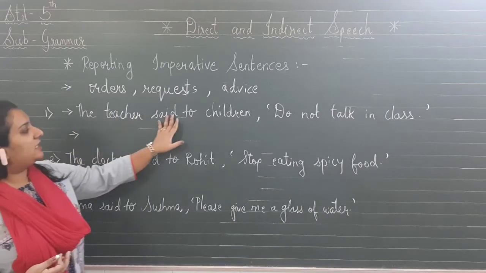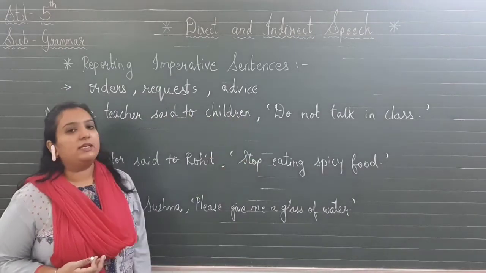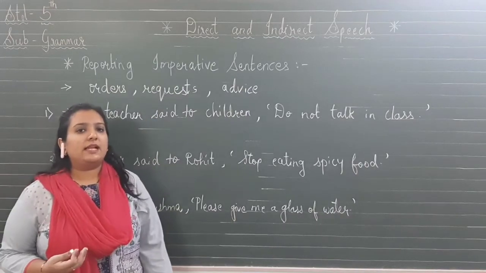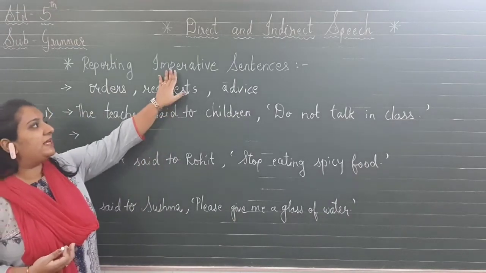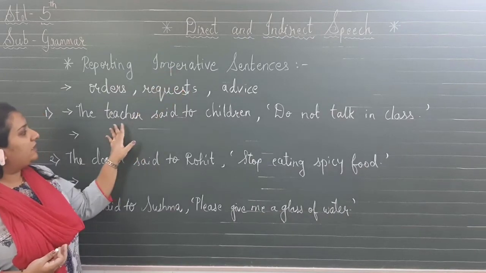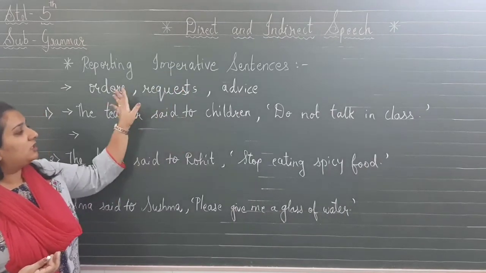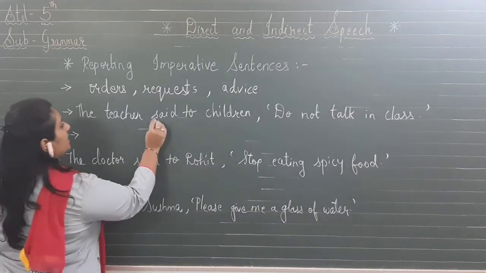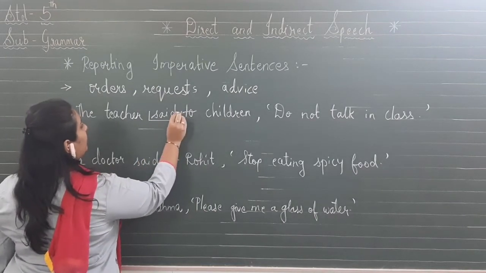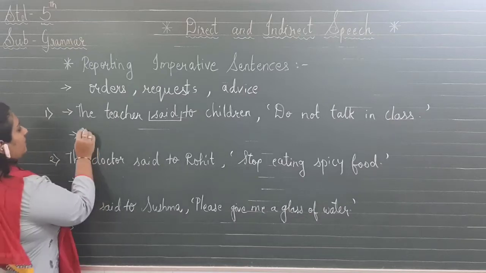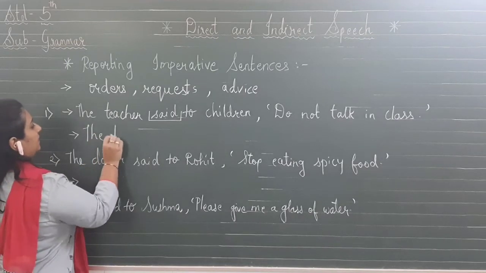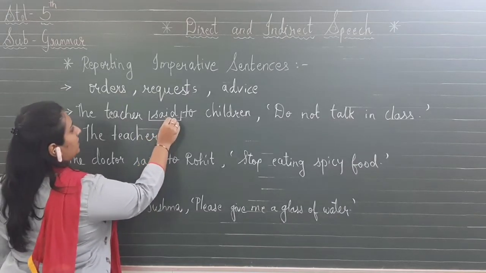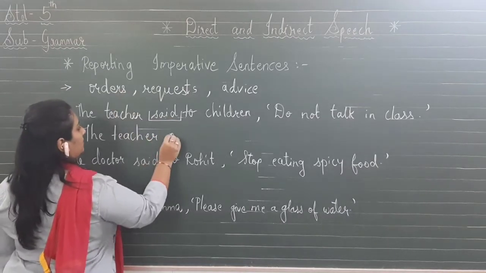The teacher said to children, "Do not talk in class." By looking at this example, what do you feel? That this is an imperative type of sentence. Why? Because the teacher is giving an order to the class. So here we will make the necessary changes. Here "said" is the reporting verb. The teacher said, the reporting verb will change into "ordered."